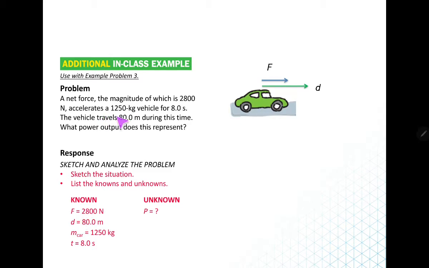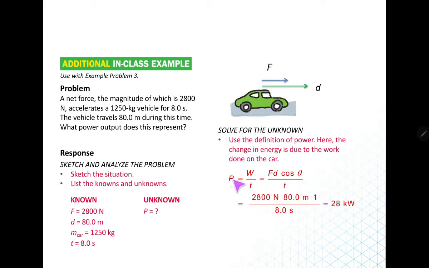And after that, we have 1250 kilogram, which represents the mass of the car. For 8 seconds, that represents the time. The vehicle travels 80 meters, that represents the displacement. What power output does this represent? So the unknown, what we need to calculate, is the power.